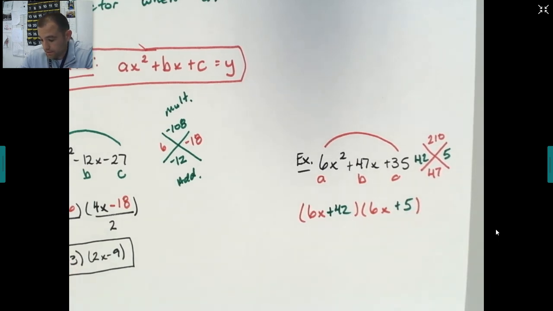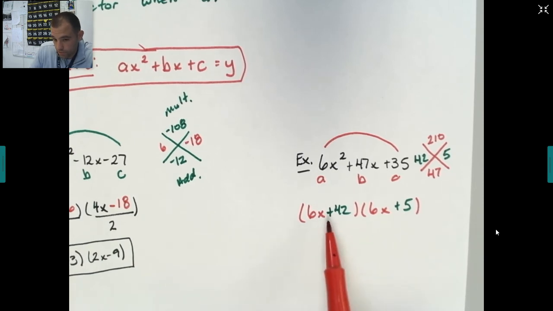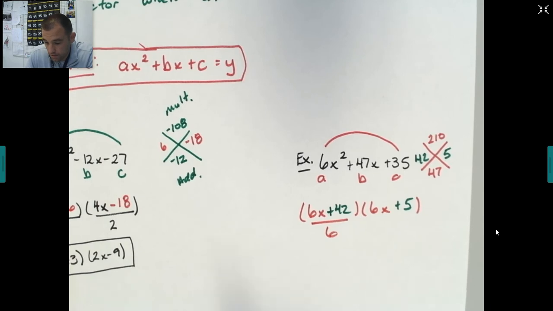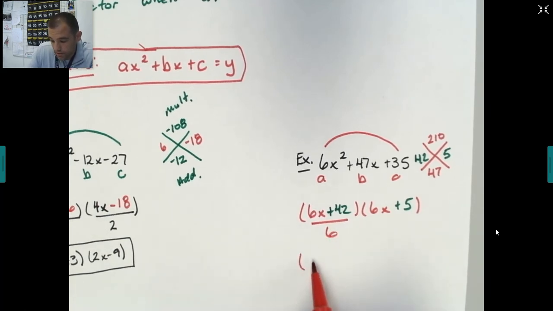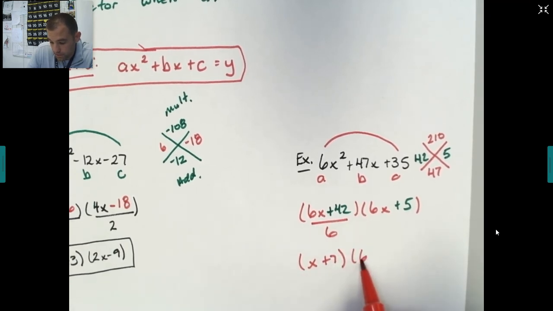And then we check to see if we can divide by anything. 6 and 42 both have a 6 in common, so I could take out a 6. 6 and 5 don't have anything in common. There's no number that goes into them besides 1, so I just keep them exactly the same. 6 divided by 6 is just 1x. 42 divided by 6 is 7. And the second one I didn't change. 6x plus 5, and we are finished.